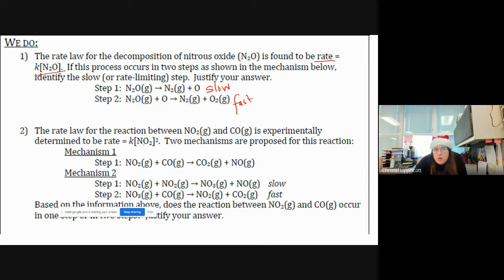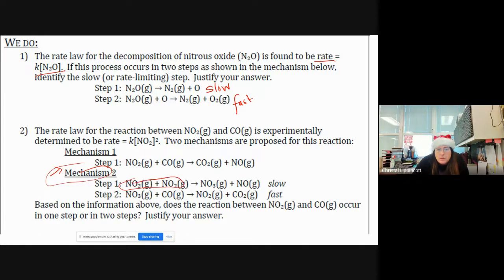Here, they're telling us that we have our rate law, and we have this as an option and we have this as an option. So they're asking us which one is the correct one. If it was up here, it would have this in it, and this would be raised to the 1. So it must be mechanism 2 that is contributing to our rate law, because it just has the NO2 in the rate law. So it has to be these 2 right here.